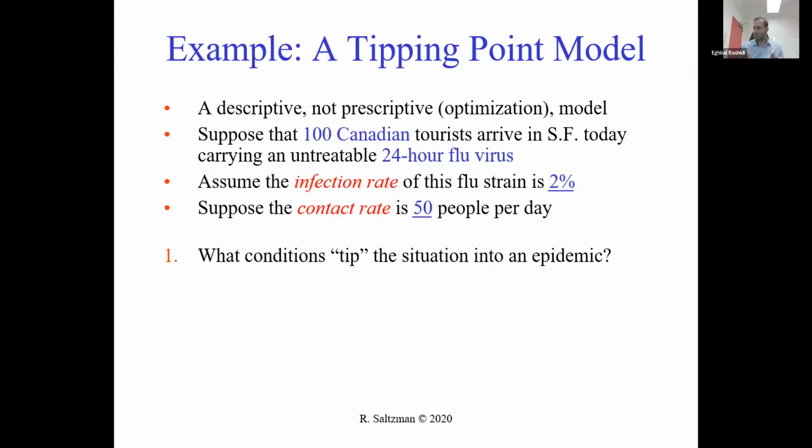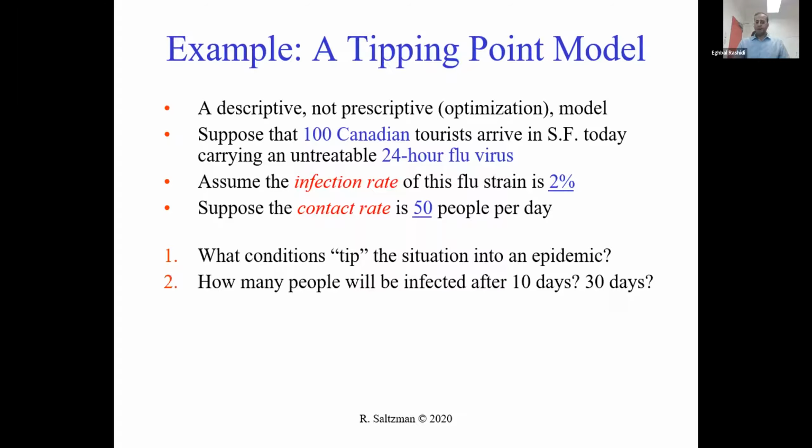But we can also change the incubation rate or the spread as well. With a 2% infection rate and a contact rate of 50, what conditions would tip this situation into a pandemic? How many people will be infected after 10 days, 20 days, 30 days, etc.? These are the kinds of questions that we want to answer.